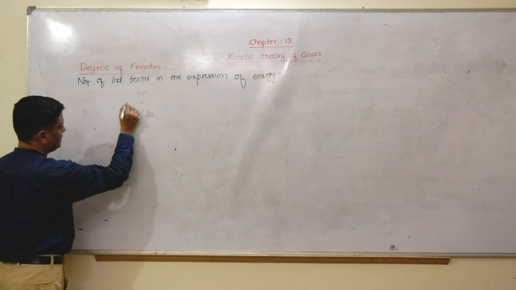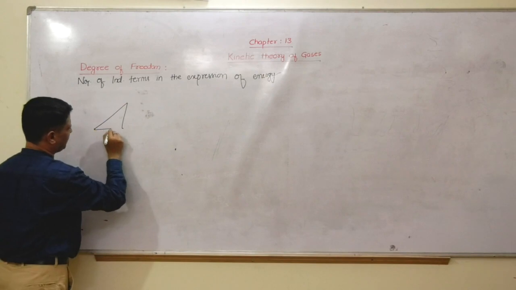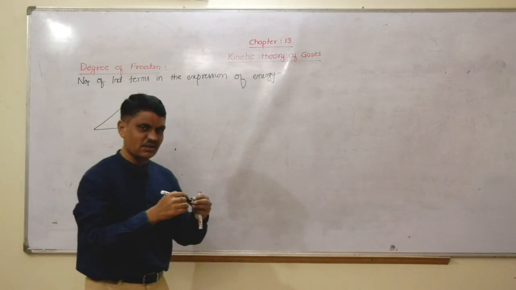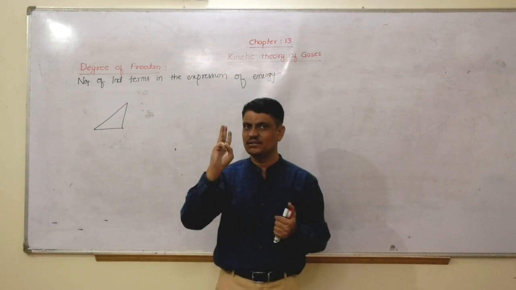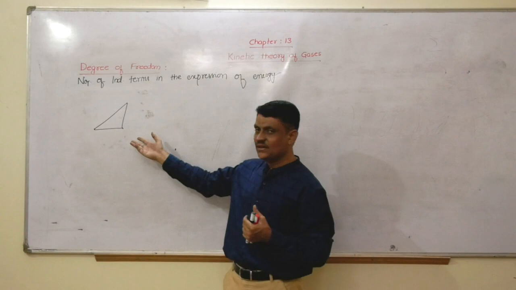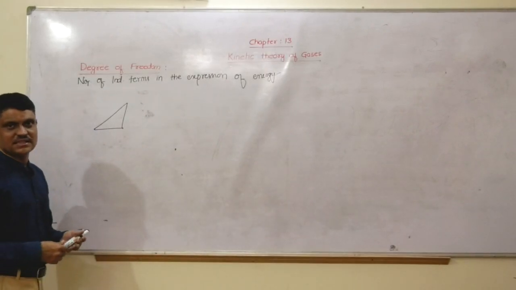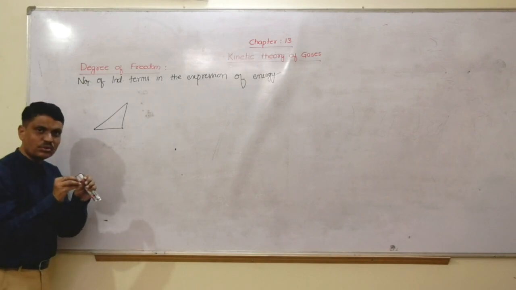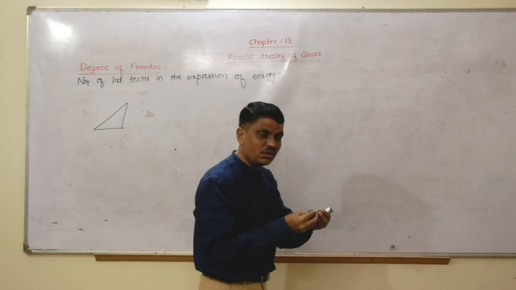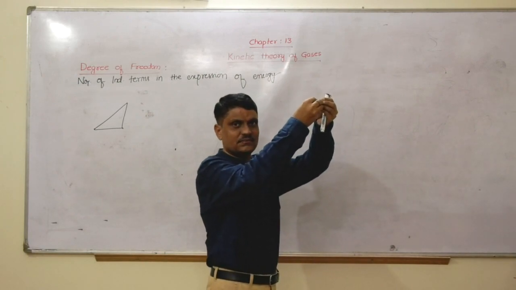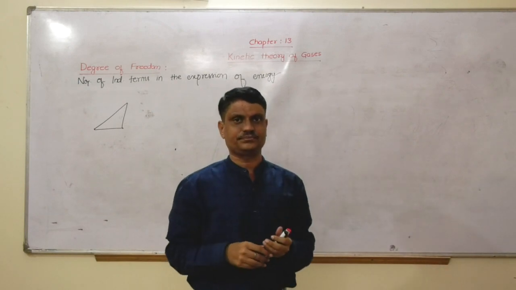Say this is a triatomic molecule or polyatomic. Whatever may be the number of atoms, all the atoms can be distributed in 3 dimensions. Therefore, whether it is triatomic or polyatomic, all are the same only. See here, all 3 can move along the x-axis, 1. All 3 can move along the y-axis, 2. All can move along the z-axis, 3.